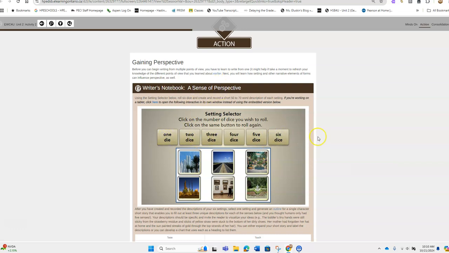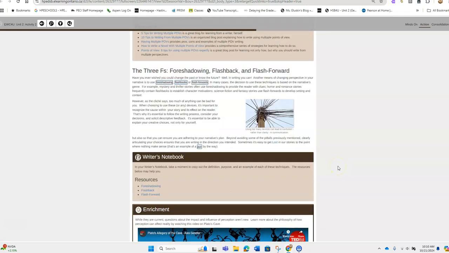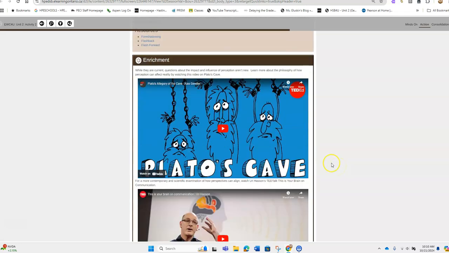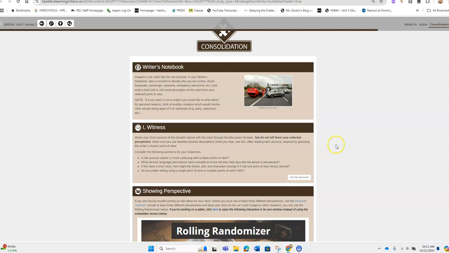You can follow the instructions here and click through, and that will show you some ideas about perspective. Scrolling through all this information, these are enrichment. You don't need to watch these, but they are there in case you would like to have some extra opportunities to learn and grow about being a writer.